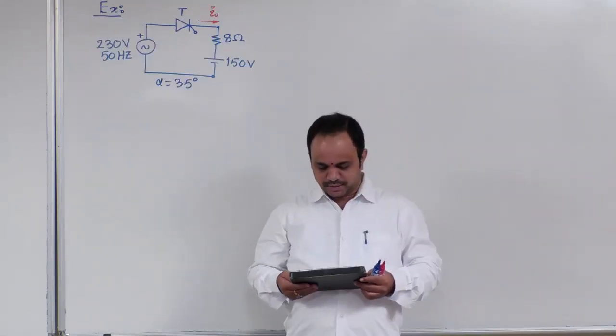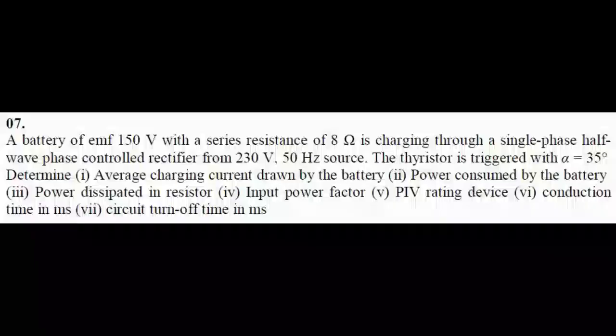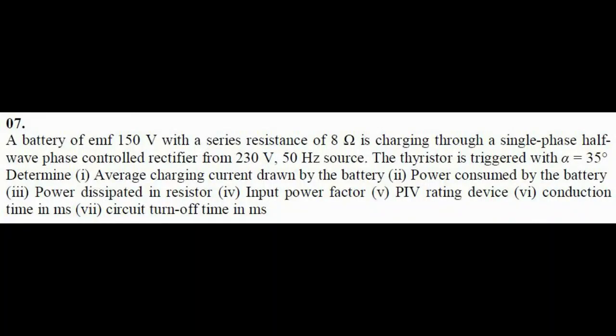Now let us take one numerical example. A battery of EMF 150 volt with a series resistance of 8 ohm is charging through a single phase half wave phase controlled rectifier from 230 volt 50 Hz source. The thyristor is triggered with alpha equal to 35 degree.